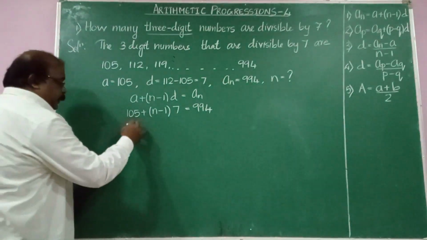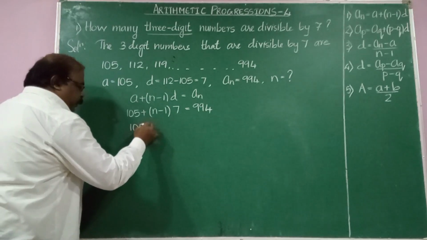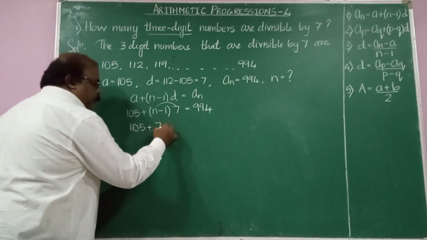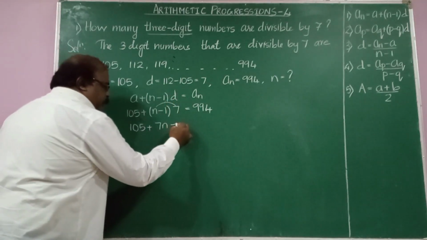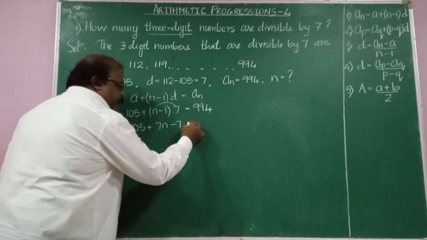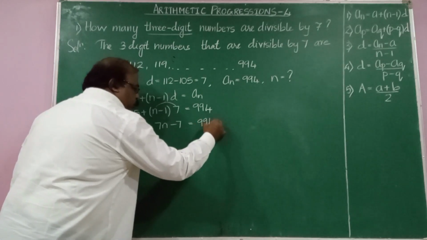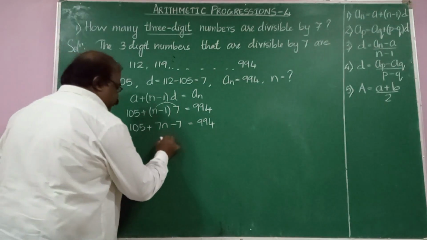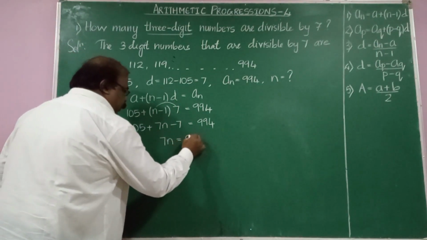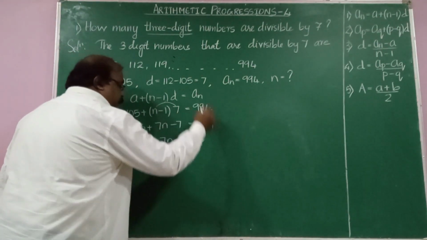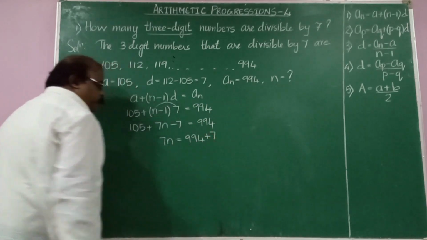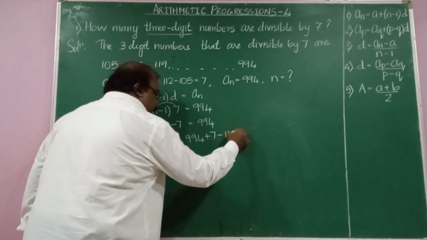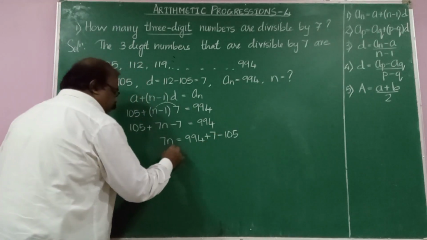So what will I get in my next step? 105 plus, let's remove the bracket, 7 into n, 7n, minus 1 into 7, minus 7, is equal to 994. So what is 7n equal to? 994 minus 7 going to the other side becomes plus 7, 105 going to the other side becomes minus 105.